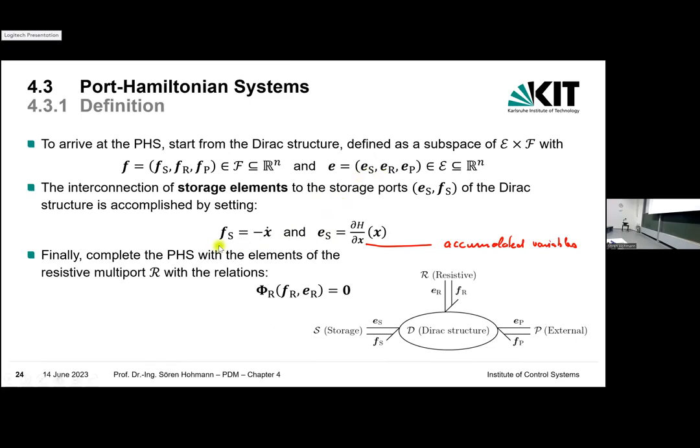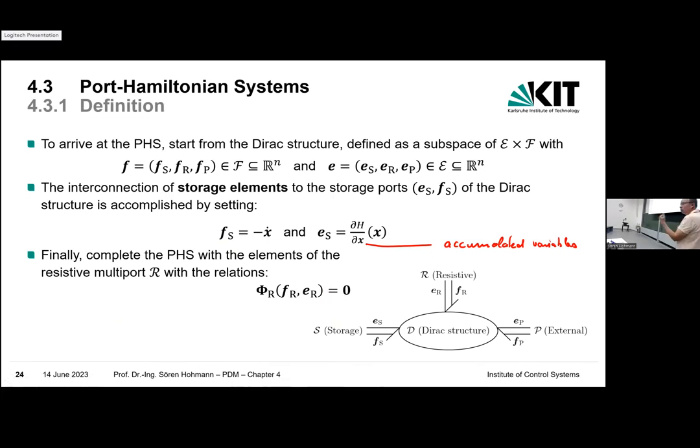Second, we know that F_S, the flow, is always the derivative of one of the state space variables. That's also something we learned. Due to the fact that everything points into the Dirac structure, we need a negative sign here. That's all.